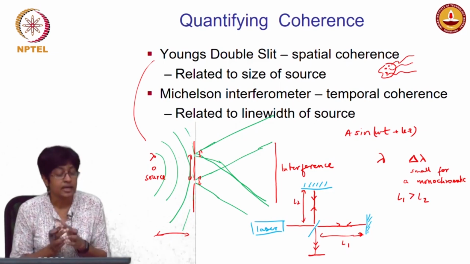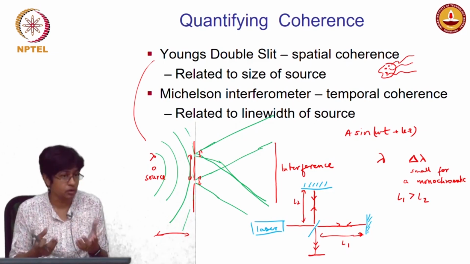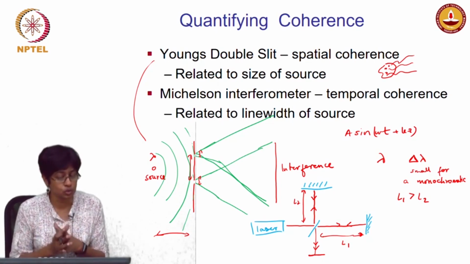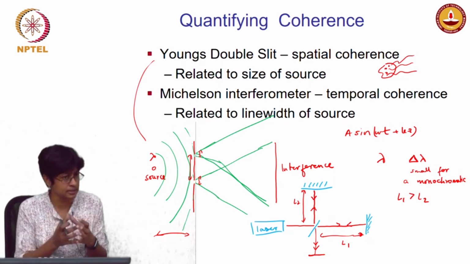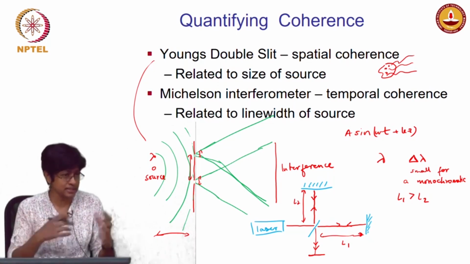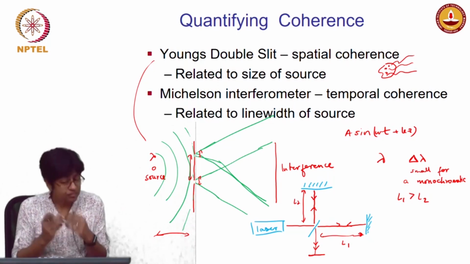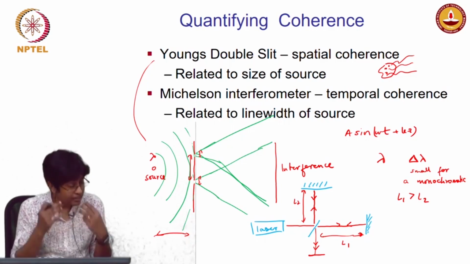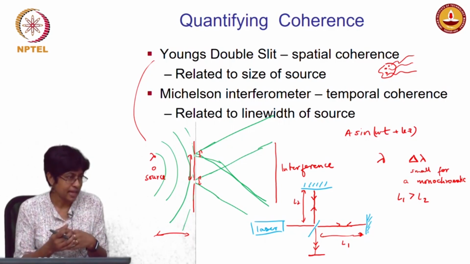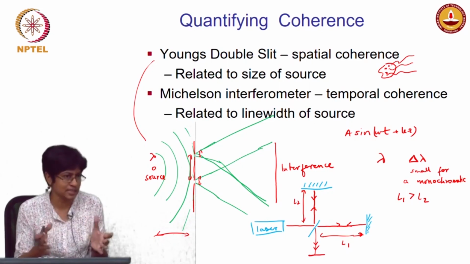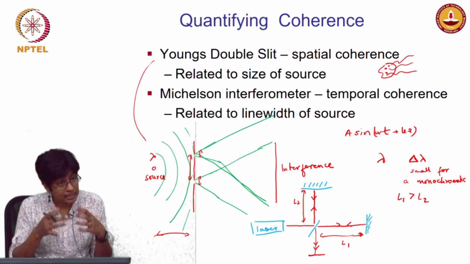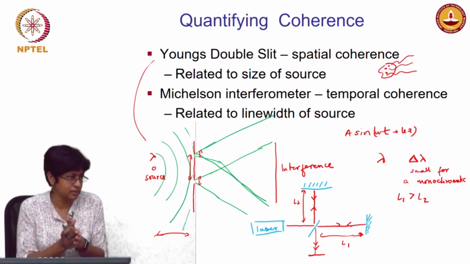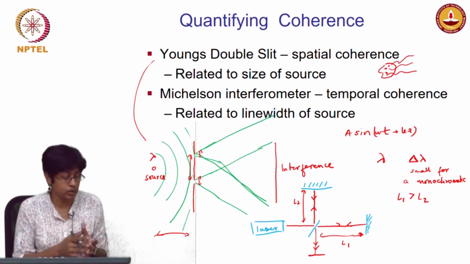Okay? Now, the spatial coherence I told you is already related to the size of the source, because I can consider a source that is spread in size having many emitters. But even a source that is small, even that has many emitters, and they are not all emitting at the same time. And therefore, I can relate all the different emitters to the temporal coherence.